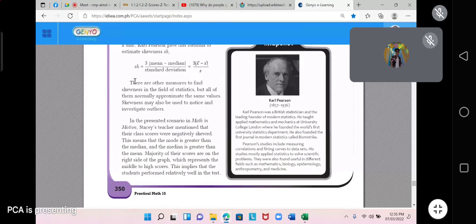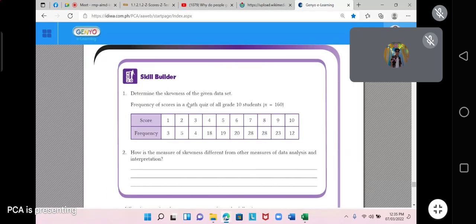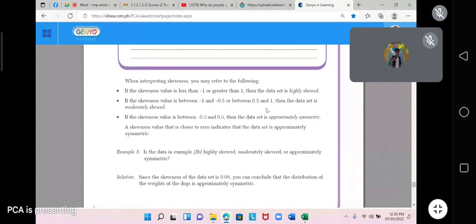So again, symmetric is there at the bottom. Approximately symmetric is near to the normal curve when you present it. Did you get that?